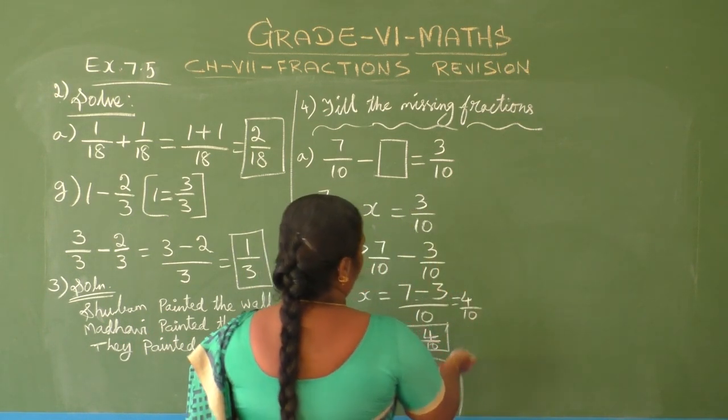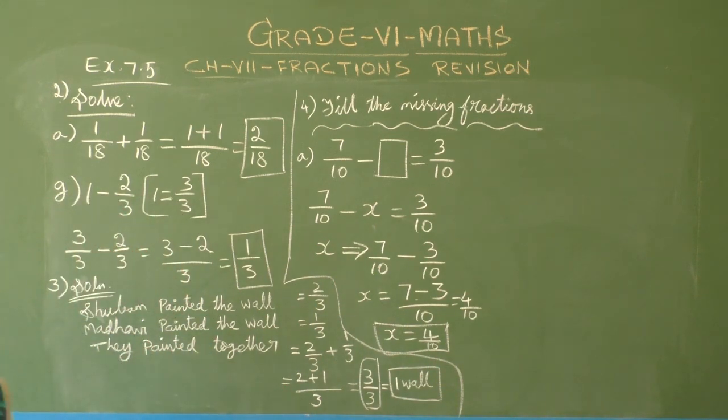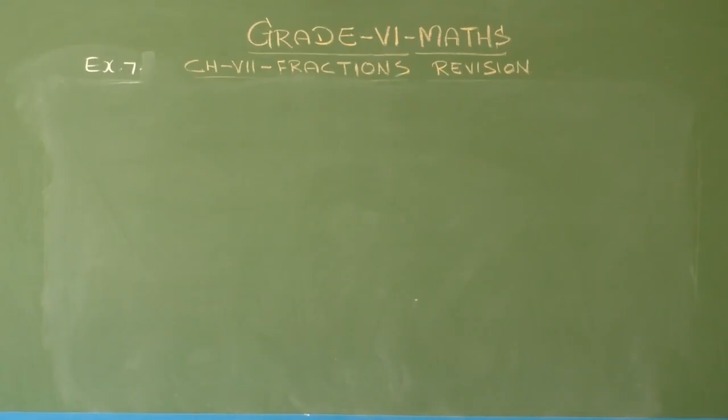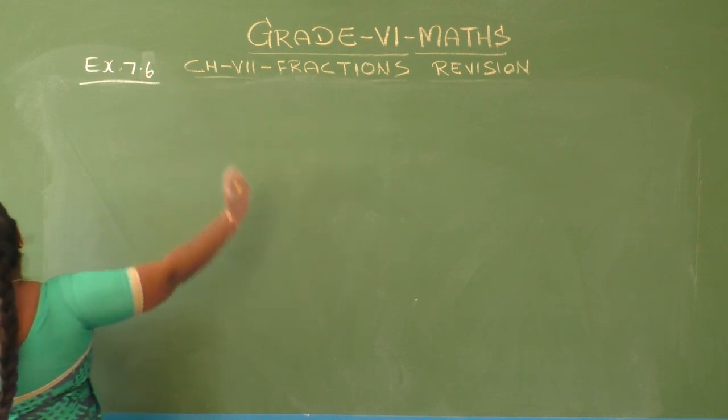So the answer is 4 by 10. Then we go to the next exercise, 7.6. Right now, in this chapter 7.6 is the last exercise.